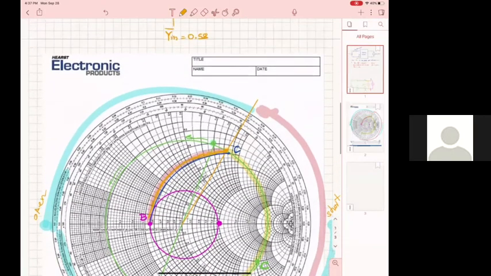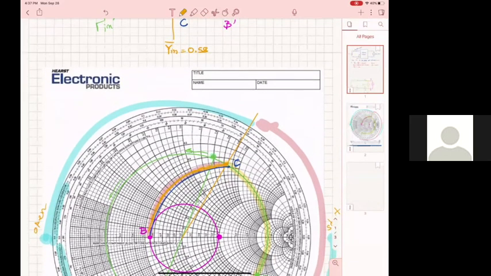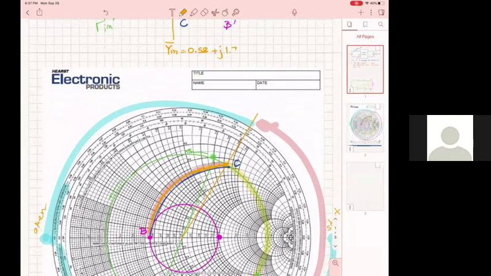And of course, C is 0.58 plus j1.7. That's point C.